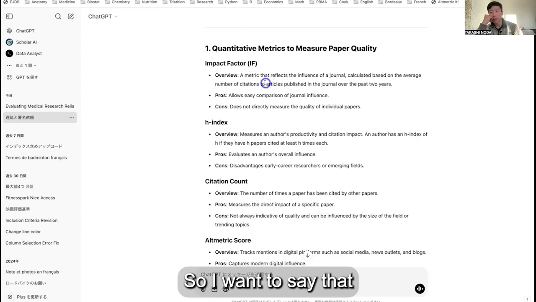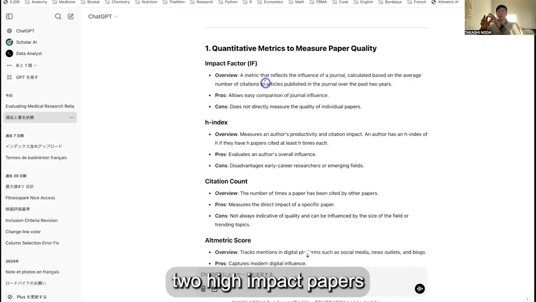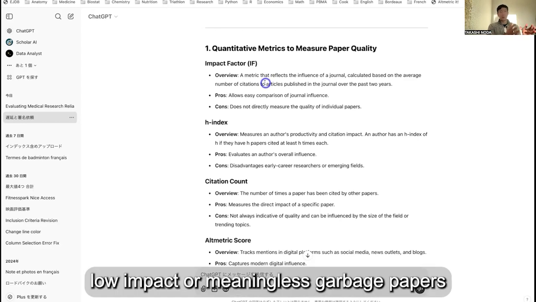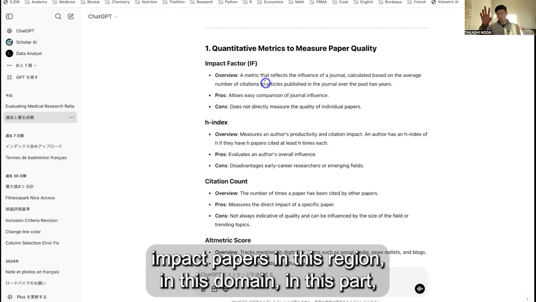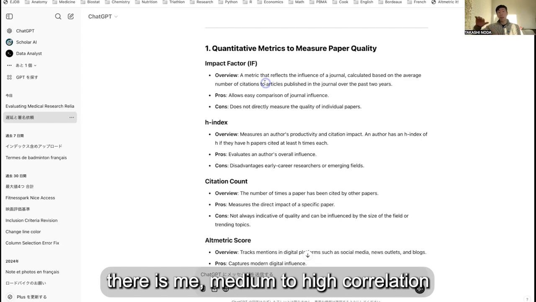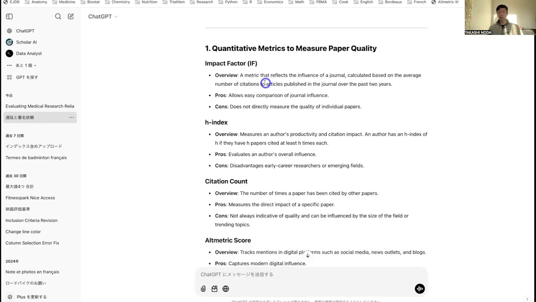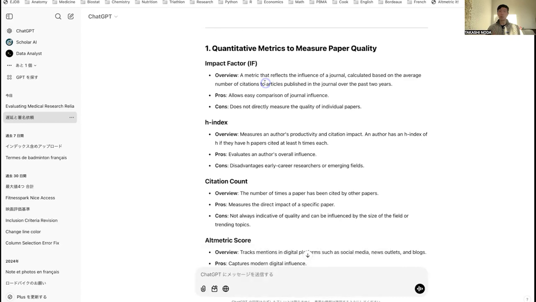So if I split the papers into 3 categories, that is, truly high impact papers, medium impact papers, and low impact or meaningless garbage papers, in the truly high impact region there is a medium to high correlation between the quality of the paper and the reputation of the journal, because garbage papers will not be published in the good journals.